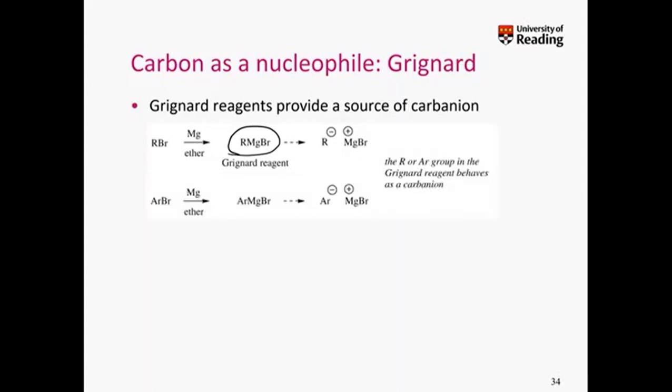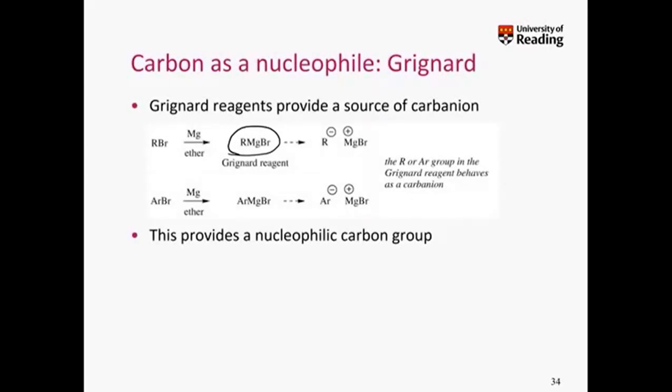You can do the same with an aromatic group as well to give you an Ar minus. Okay? But what it means is you've got a source of a charged carbon nucleophile. So it gives you that nucleophilic carbon group. Okay.